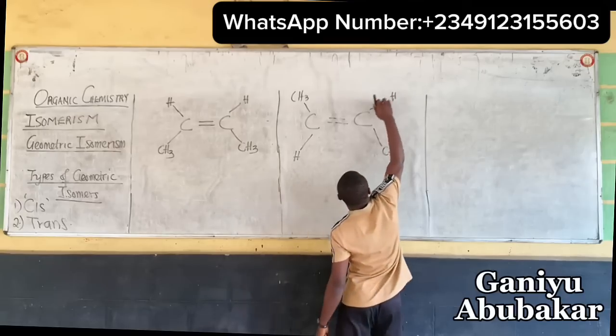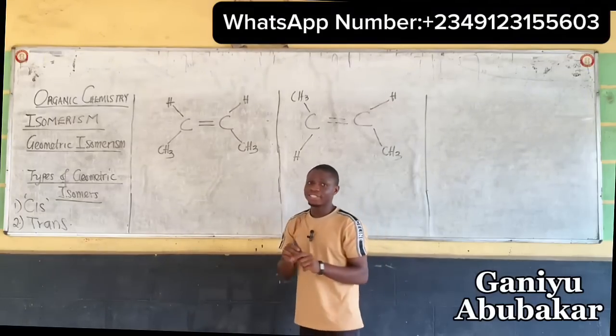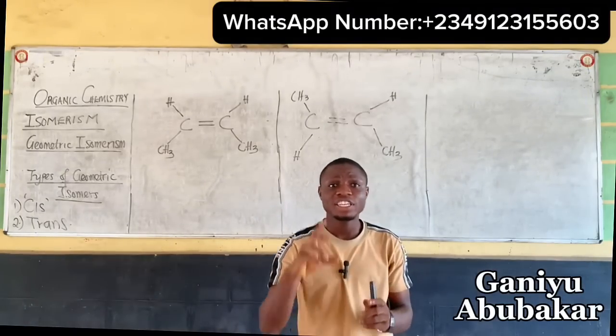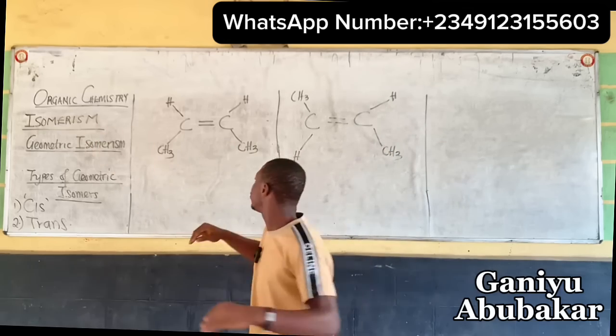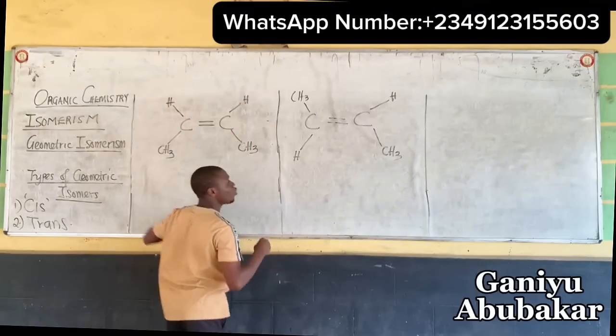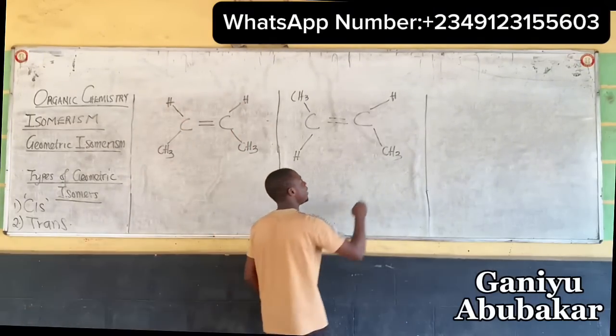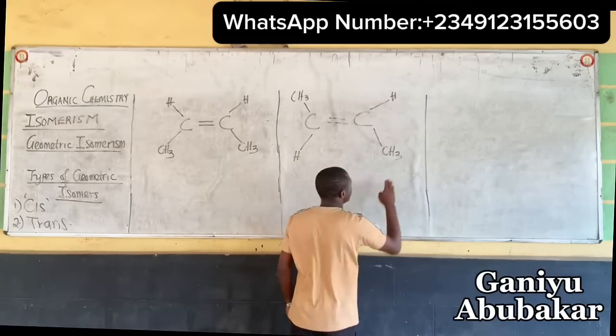Observe, diagonally. So for cis, the hydrogen are placed in a straight format. When it comes to the trans system, they are placed diagonally, either this way or this way, whichever way.